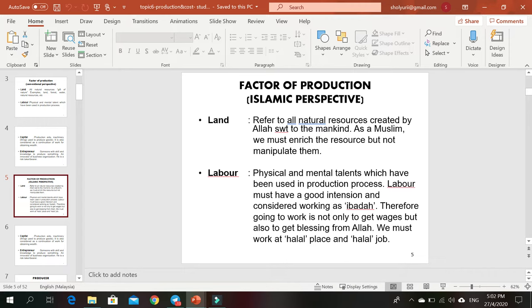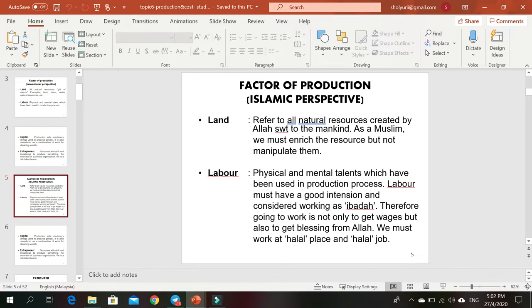For example, Islam tak benarkan interest. You work at bank, bayaran gaji adalah daripada interest. So macam mana nak justify tu? Pramugari for example, first class ada serve arak, sama juga.